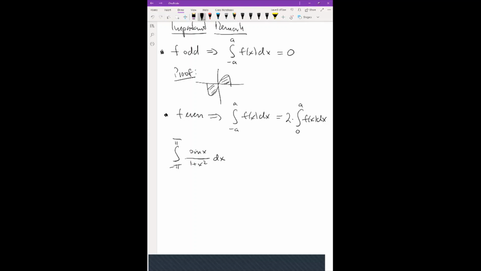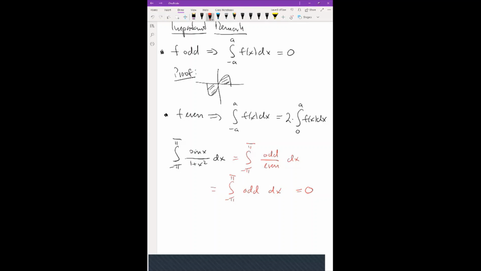In this case, you can easily see that sine of x is an odd function. 1 plus x squared is an even function, which is then odd divided by even is an odd function. And by the remark above, this is equal to 0.